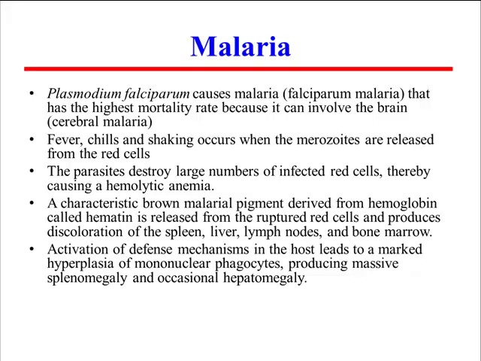And when these merozoites are released and infect the red cells, then the patients will experience fever, chills, and shaking. The parasites will destroy large numbers of infected red cells, and that's why it's a hemolytic anemia.